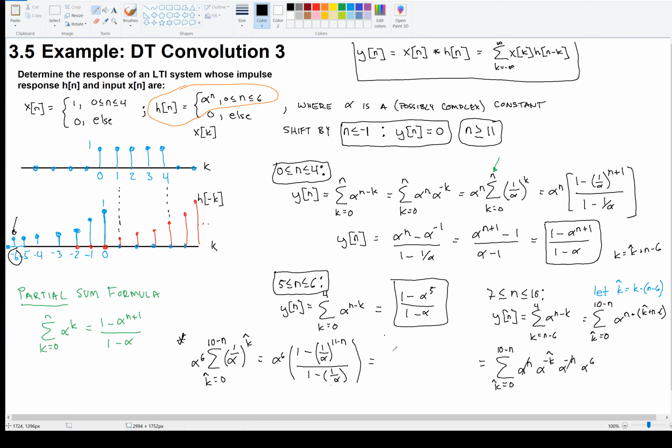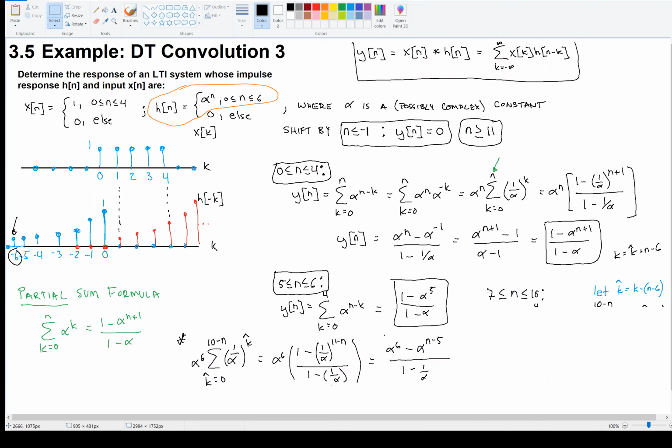I can bring the alpha to the 6 in if I like. So this is alpha to the 6 over alpha to the 11 minus n. Subtract the exponents. This is n minus 5. Alpha to the n minus 5, it looks like. And I've got 1 over 1 minus 1 over alpha here.